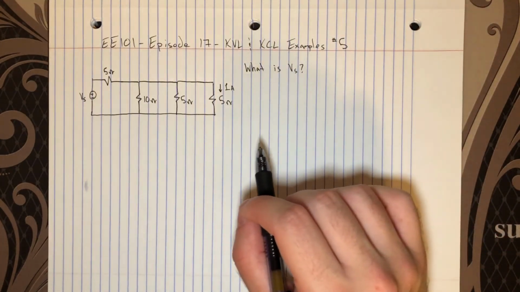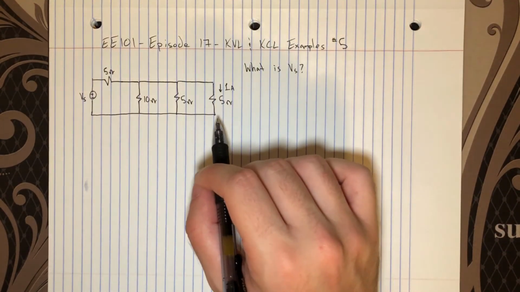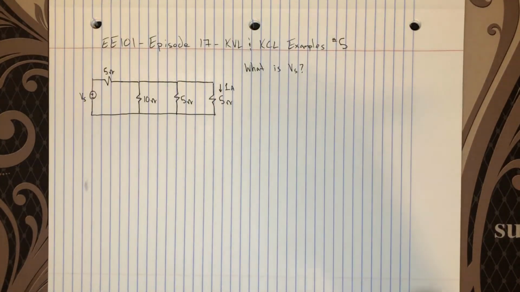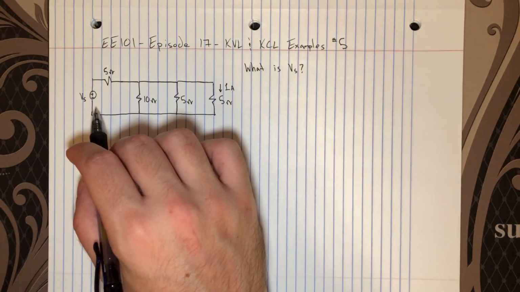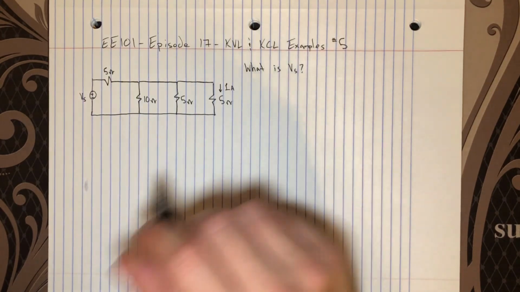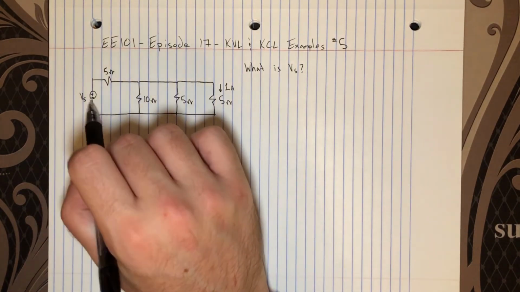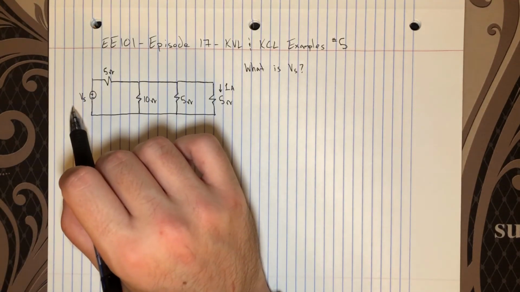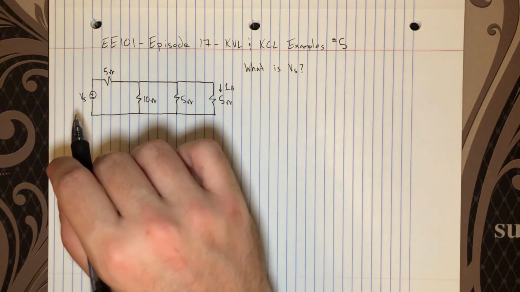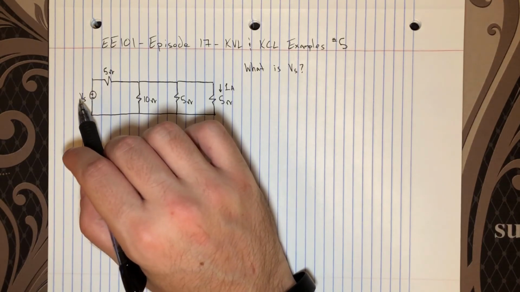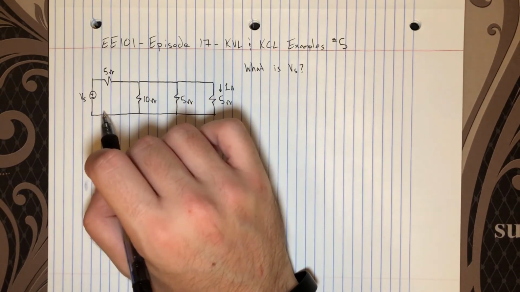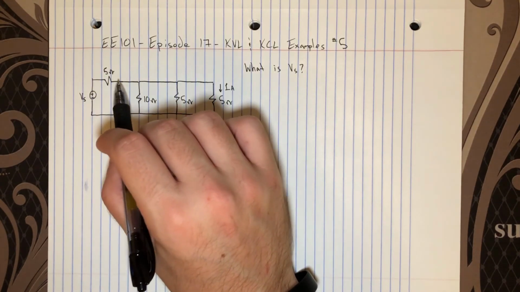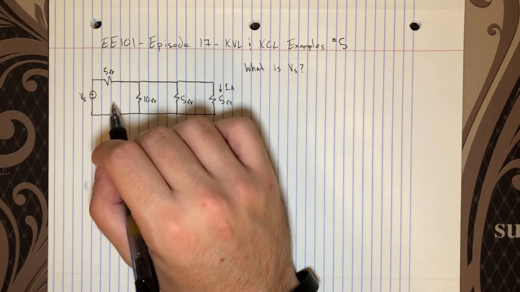So rather than start from information I know and then work towards the answer, I think sometimes it's good to start from what you don't know and then identify what you need. So looking at this circuit, I want Vs. And to me, it seems like if I'm ever going to learn Vs, I'm going to need knowledge about other voltages in this loop, and I'm probably going to want to apply a KVL here.